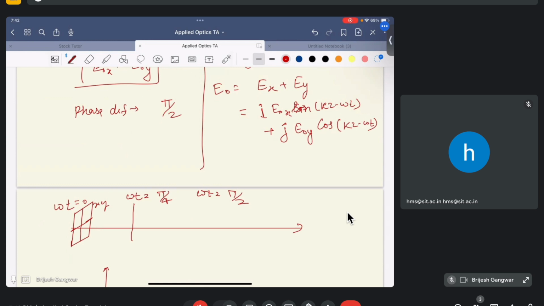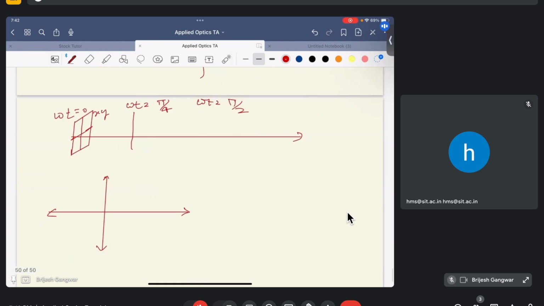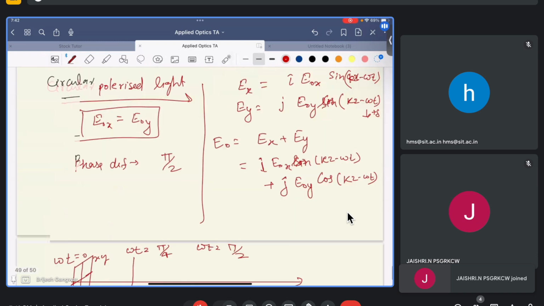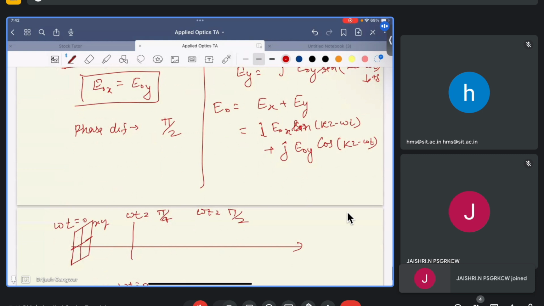Equal amplitude. So it will be at some point like this. This is E0x, this is E0y at omega t equal to 0. After some time, this is your resultant, right?